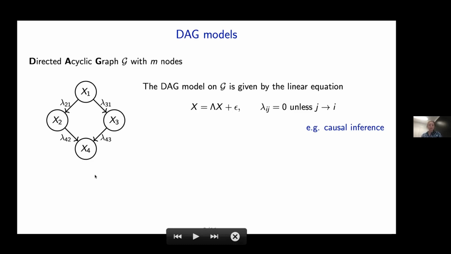So each node xi represents a scalar valued random variable, and the edges say how they relate to each other.